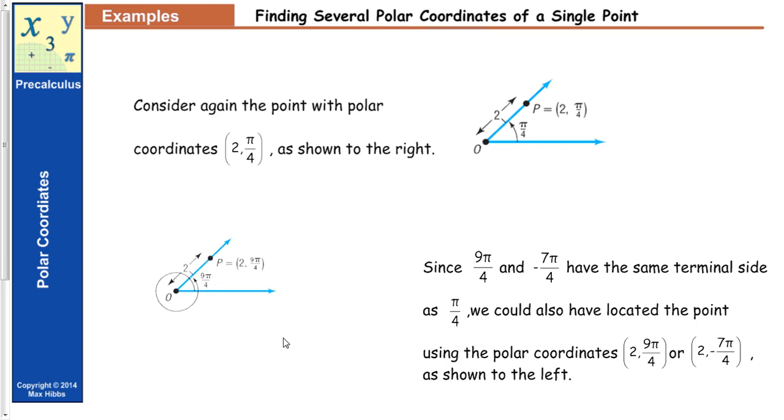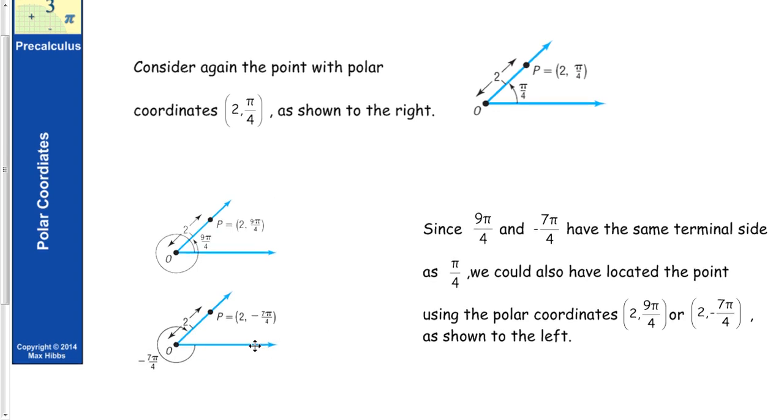For instance, if we use the theta value 9 pi over 4, we'd go all the way around. Okay, we'd have the same terminal side, and we'd go 2 units along that terminal side. So 2 comma 9 pi over 4 is exactly the same point as 2 comma pi over 4.